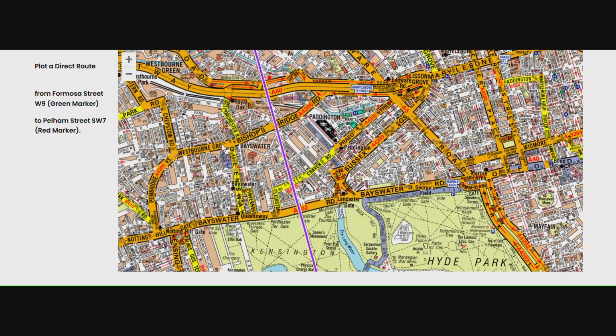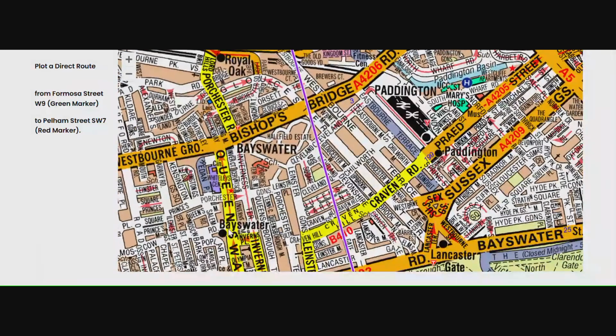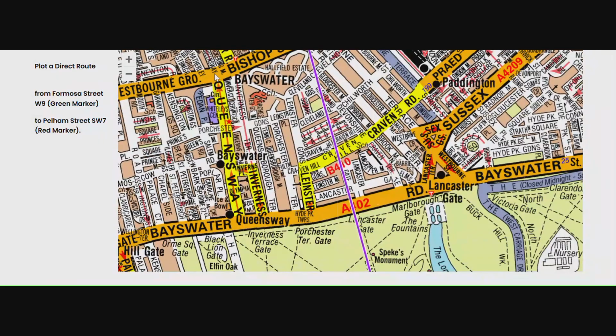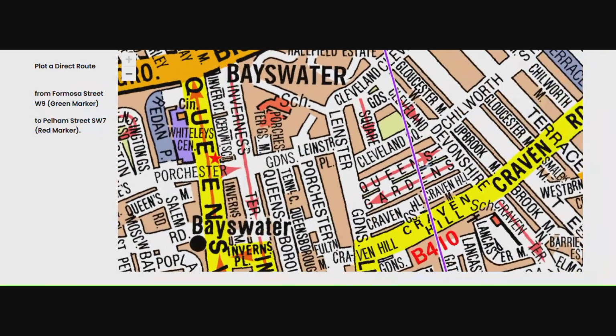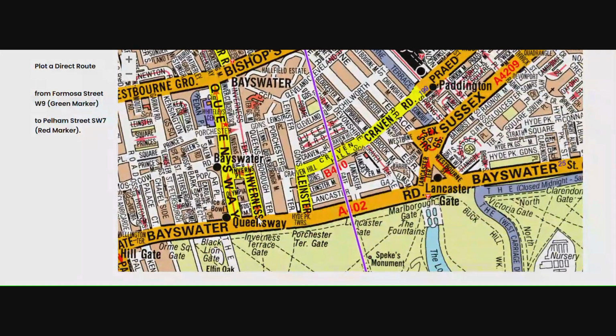Then eventually you can see that although you have a lot of different choices, what we are striving for is always to plot the most direct possible route, right? So right here you can see that Queensway is a one-way road in the opposite direction. We cannot enter here, but right here is another street which is one way in our direction.